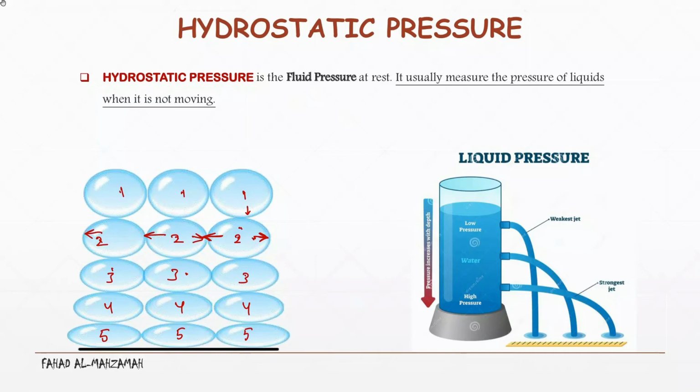Imagine the picture. Now as we go down, the pressure increases, so the deformation and the expansion of the molecule will increase until it becomes like this. This molecule was the same as this one, but due to the high pressure applied on it, it has been deformed and expanded to this side.